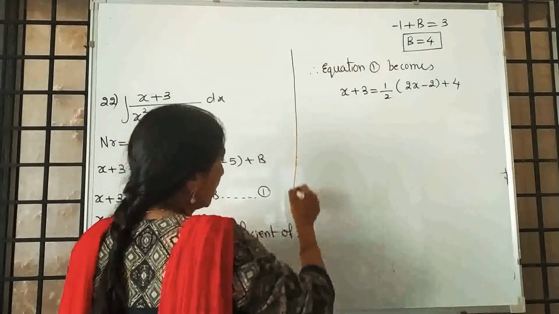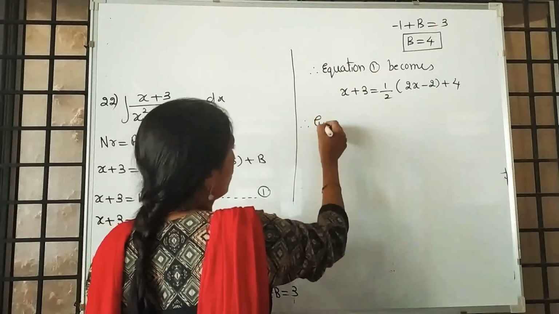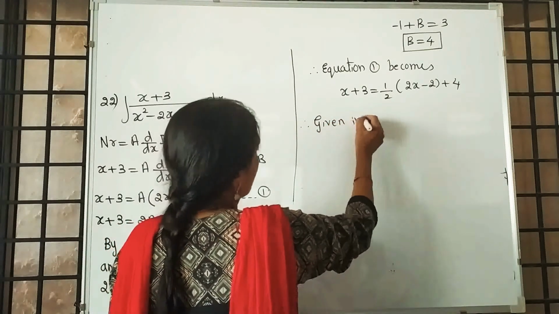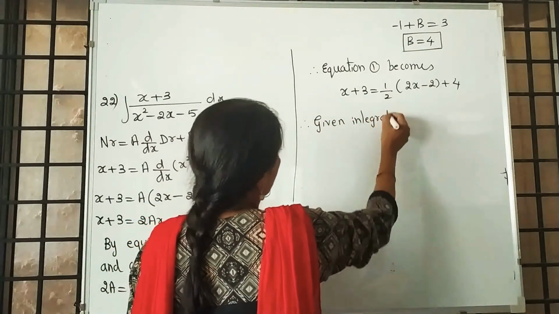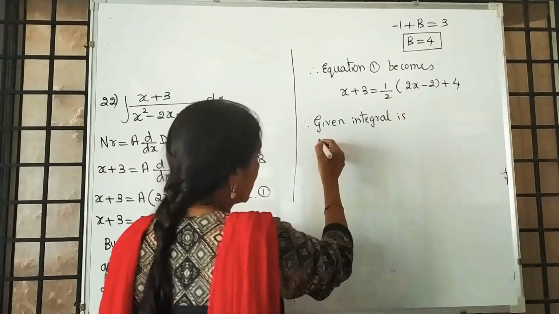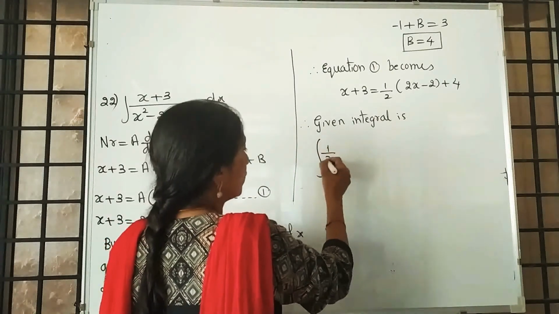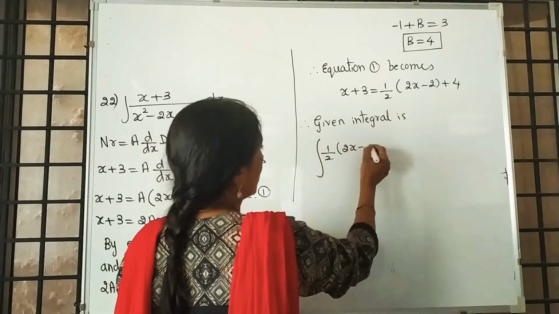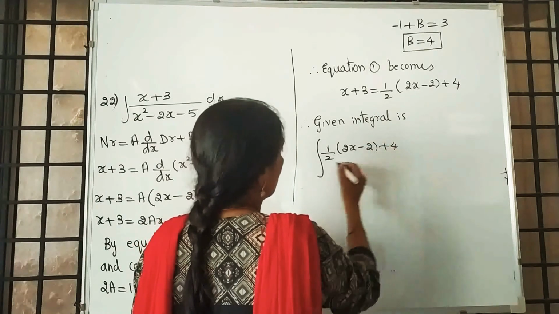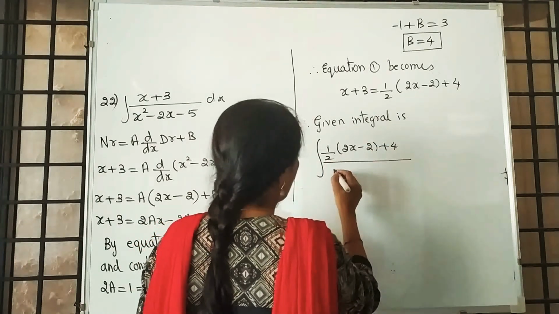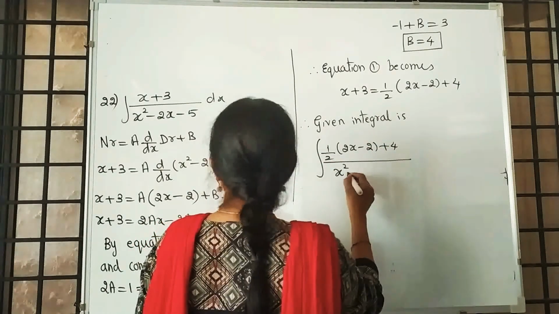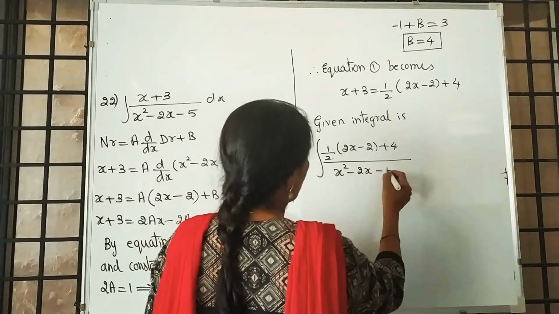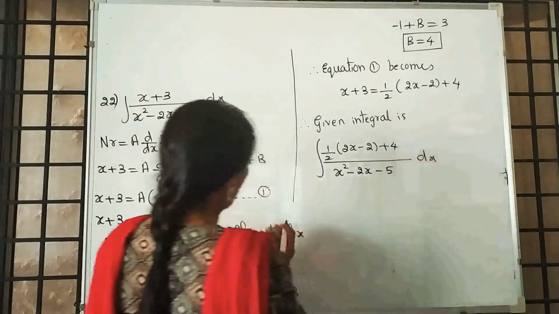Write down this value in the given integral. Therefore, the given integral is, in the numerator we have 1 by 2 (2x minus 2) plus 4, divided by x square minus 2x minus 5, into dx.